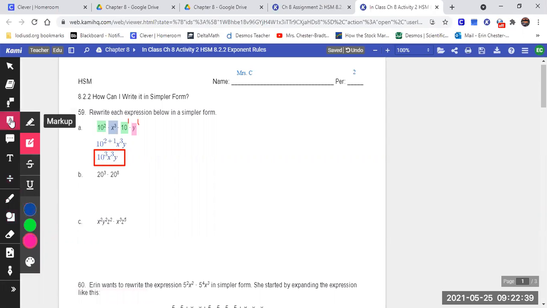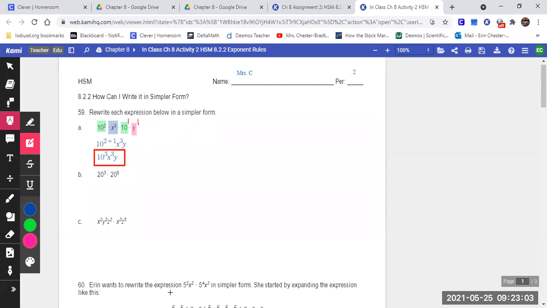Okay. How many bases do we have this time? Remember, bases are original numbers. How many colors would I be color coding with is the question I'm really asking. There are two different bases.